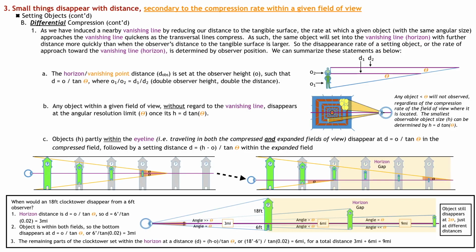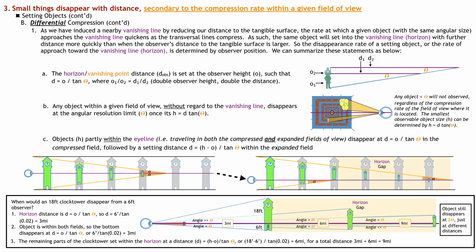Those transversal lines became compressed, and the object reaches the horizon at a very quick rate when I lower my eye height. So as such, the same object will set into the vanishing line or horizon with further distance more quickly than when the observer's distance to the tangible surface is larger. Meaning, if I were to stand up, it would take a lot further distance for that object to set.